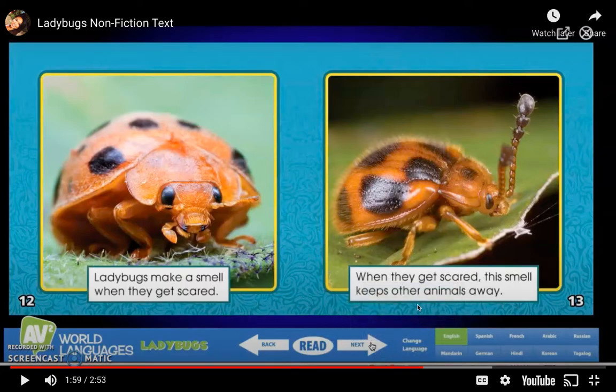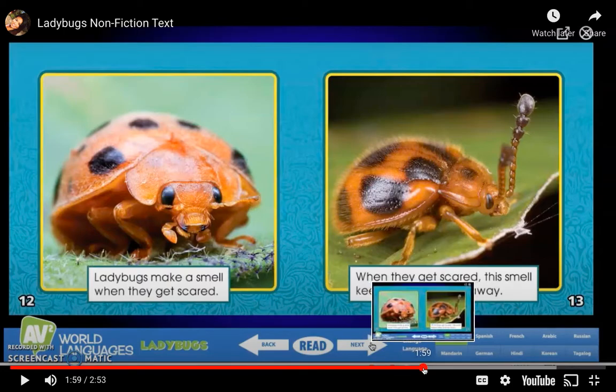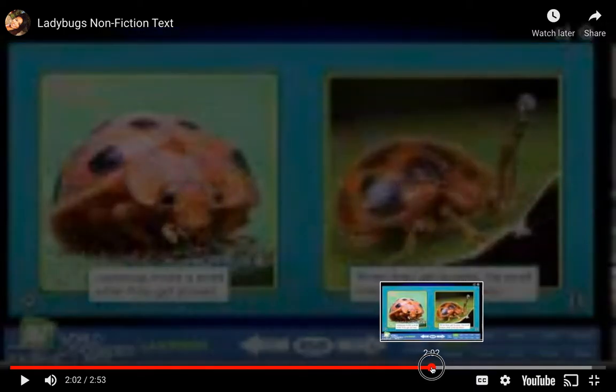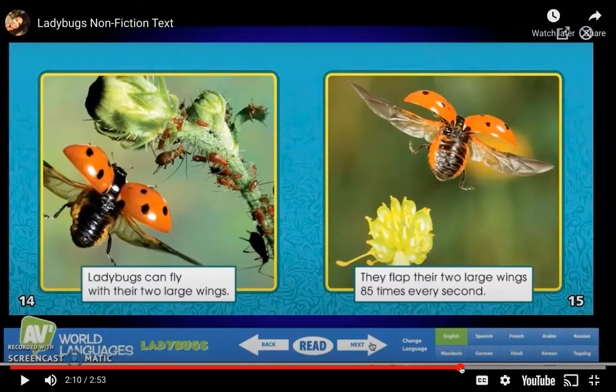And see, that's something really interesting that Miss T didn't know, that ladybugs make a smell when they get scared. And that smell is like an adaptation. It helps their predators stay away from them because the smell keeps other animals away. And that's really cool. I did not know that. And the ladybug is one of my favorites.